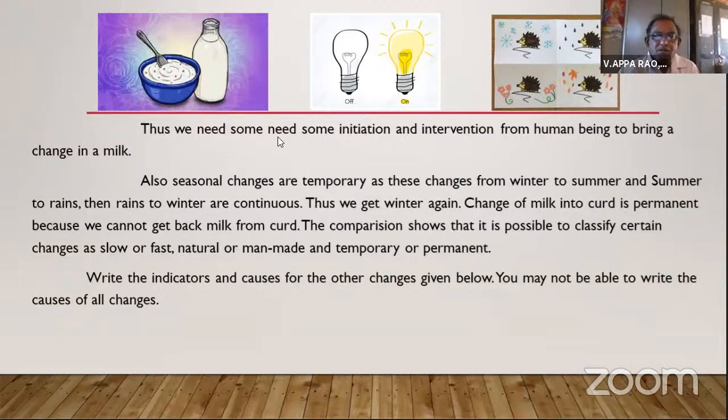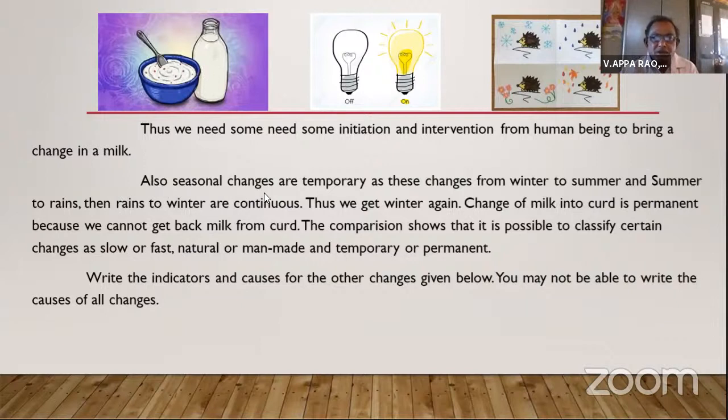Thus, we need some initiation and intervention from human beings to bring a change in milk.